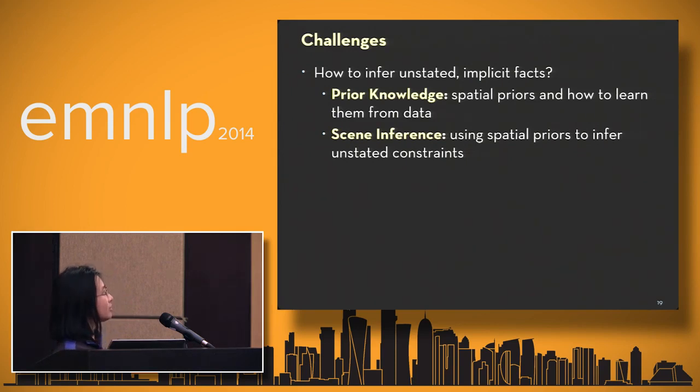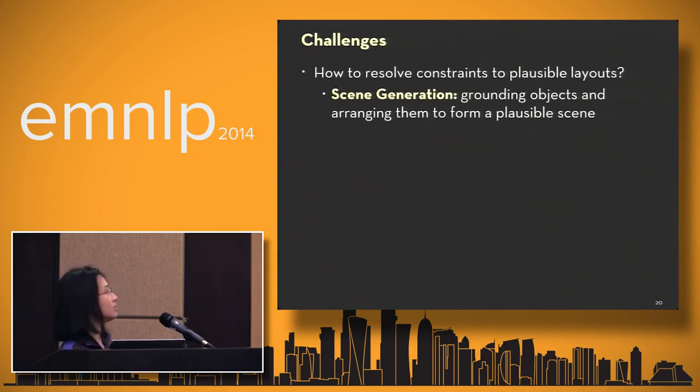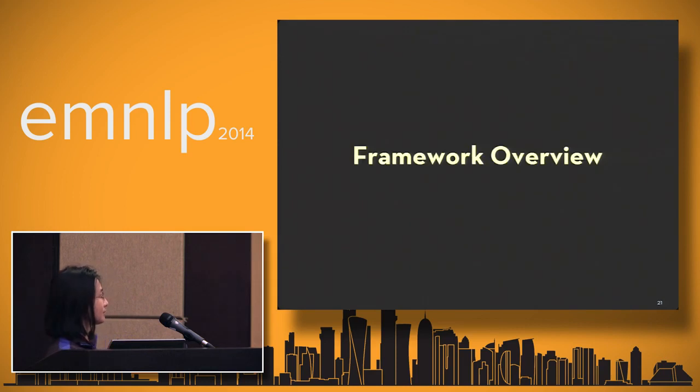You can infer this prior knowledge from other sources of information, such as images and text. For this talk, it will be inferred from our data set of 3D scenes. And then, in addition, we will discuss how this is incorporated into the system for inference, and to actually lay out and generate the scenes.